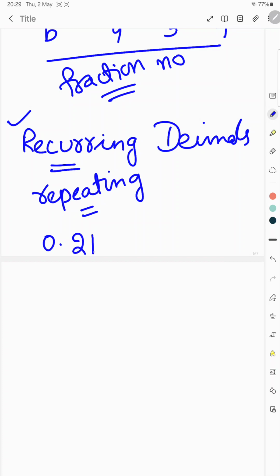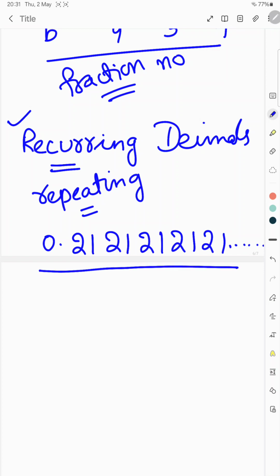For example, here I write this decimal number. So student, here you can see that this number is a decimal number, but it is a recurring decimal.